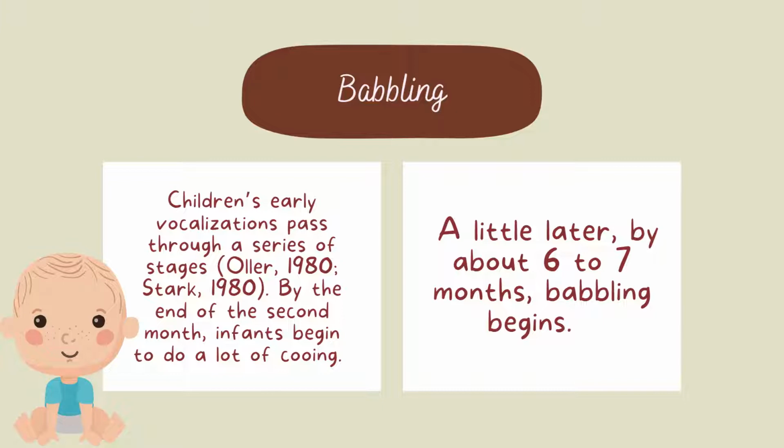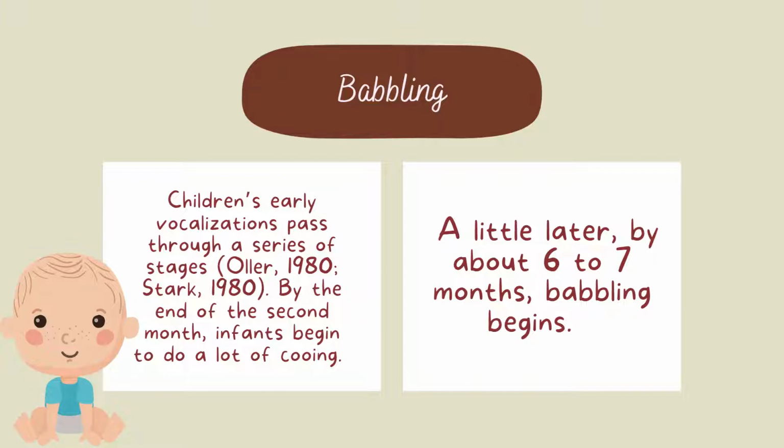Coos are acoustically more varied than cries, as infants exercise some control over their articulatory organs to produce a greater variety of sounds. Coos tend to be made in the back of the mouth and are similar to back vowels and velar consonants.